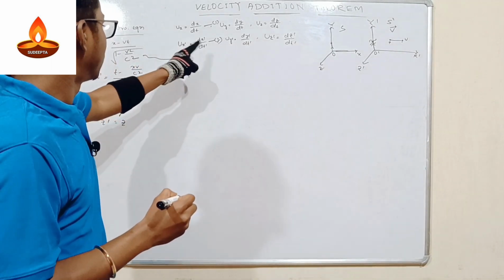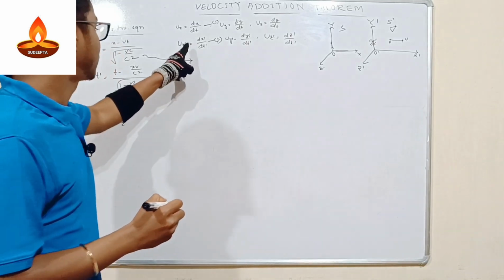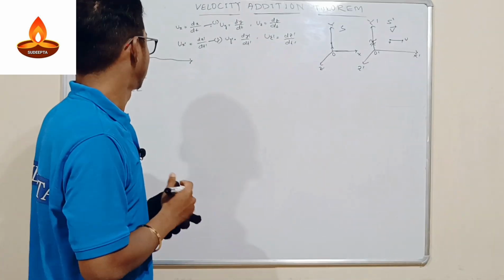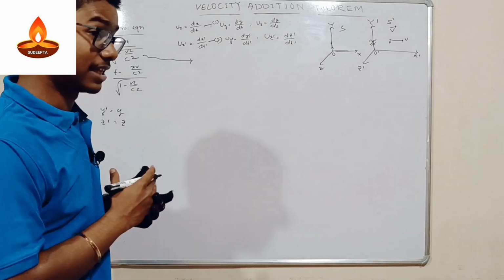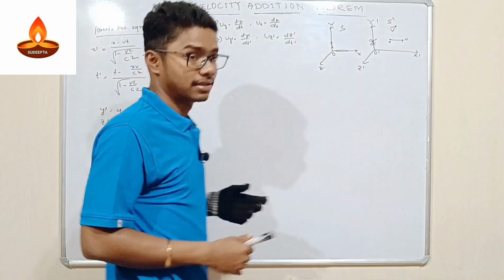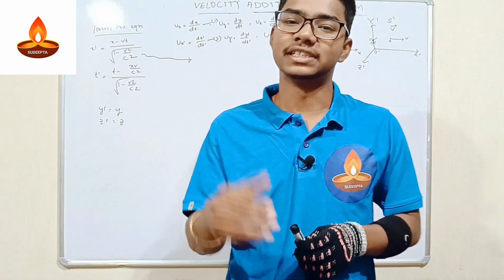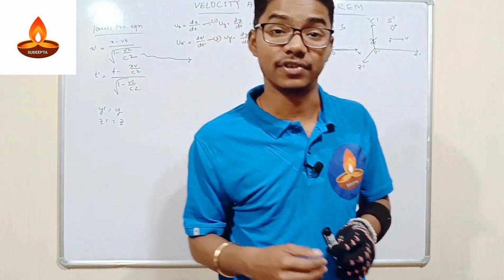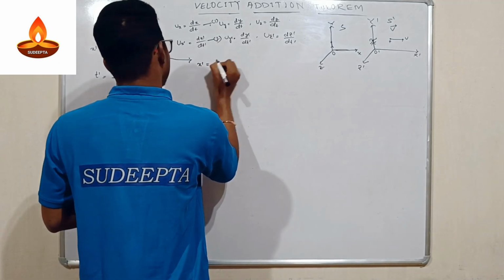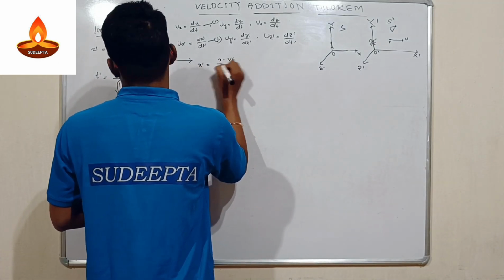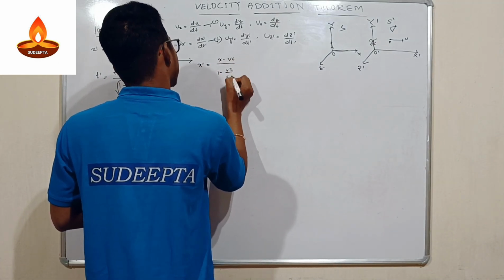If we take the second equation, ux dash is equal to dx dash upon dt dash. So we have x dash. What is the meaning of dx dash? It means its differentiation, so we will do the differentiation. x dash is equal to x minus bt upon root over 1 minus b square upon c square.